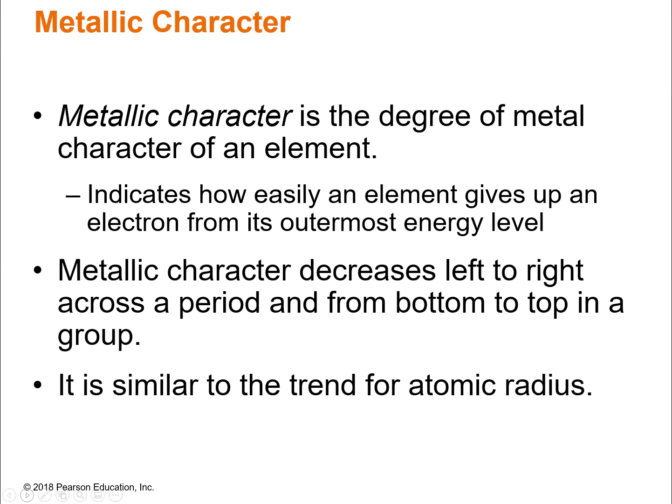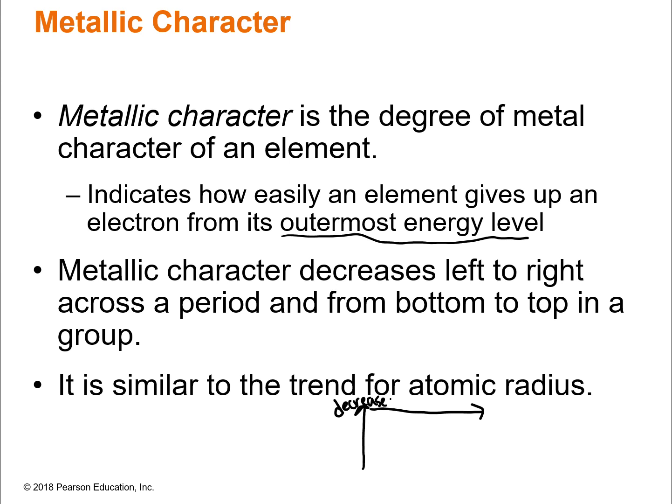One of the ways that we can characterize something as metallic is how easily it gives up an electron from its outermost energy level. As you go from the bottom to the top of a group and left to right across a period, you're going to see that metallic character decrease.